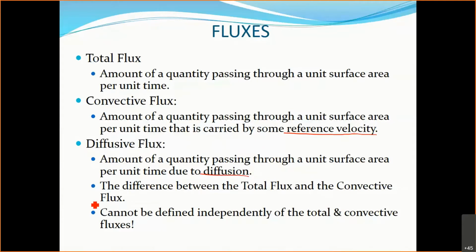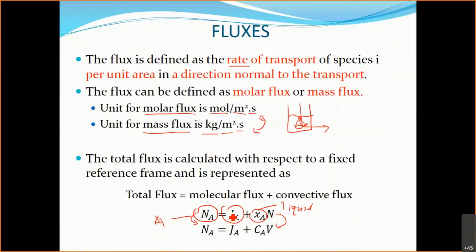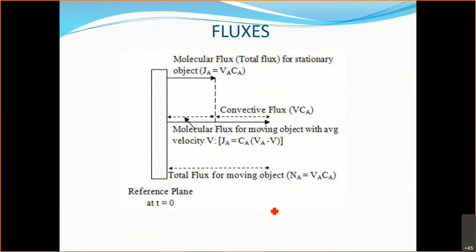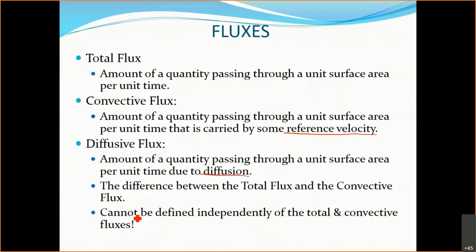It can also be the difference between the total flux and the convective flux. If you want to find the value of Ja, just take the total flux minus the convective flux. It cannot be defined independently of the total and convective flux. Usually they go together.